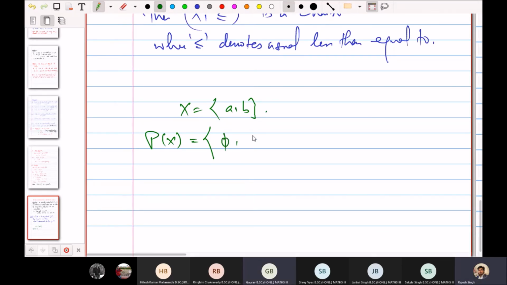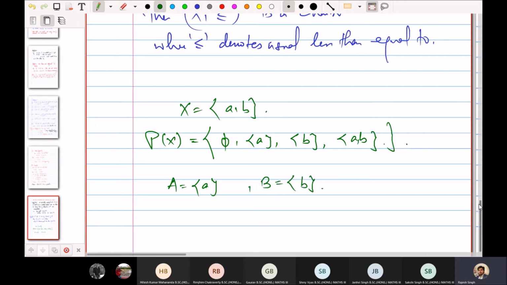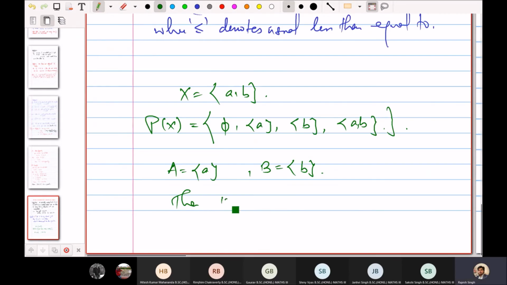Phi, single a, single b, और a b. तो अगर हमारा A is equal to {a} और B is equal to {b} है, देन is A and B comparable? नो सर.